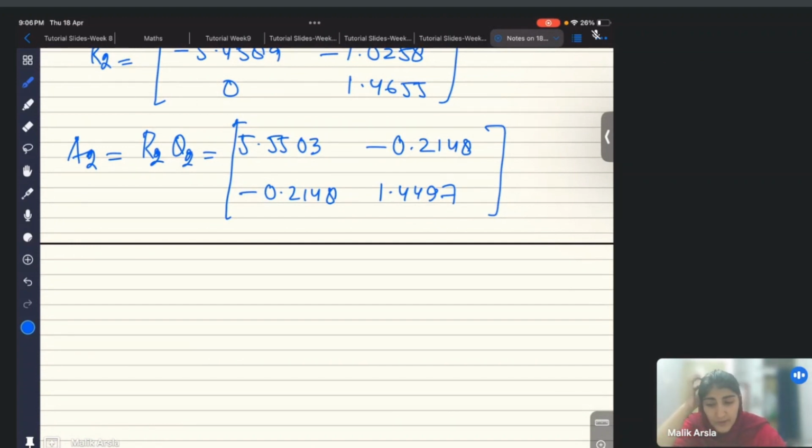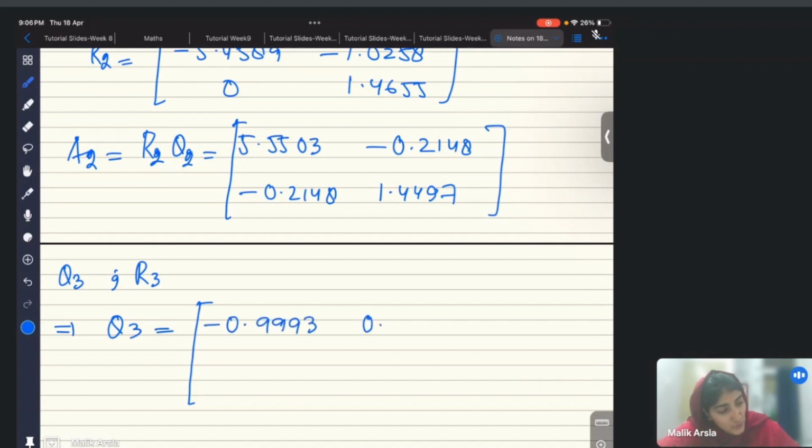From this A2 matrix, we again do the QR decomposition and find Q3 and R3. Q3 for the A2 matrix is equal to minus 0.9993, 0.0387, 0.0387 and 0.9993.